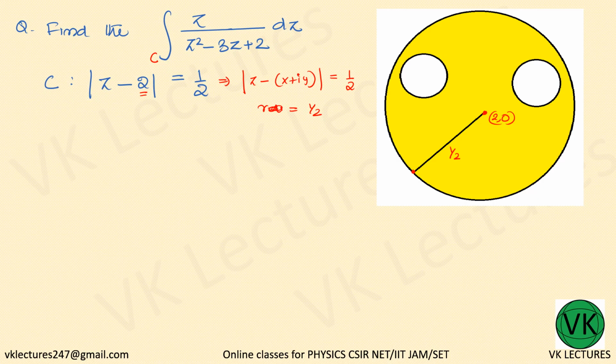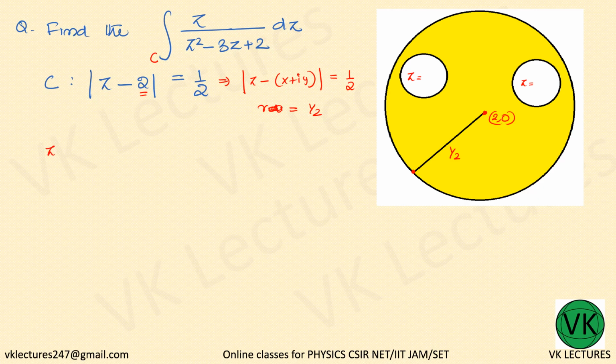Now we need to find the points where the function is not analytic. There are 2 points where it is not analytic, because this is a quadratic equation.